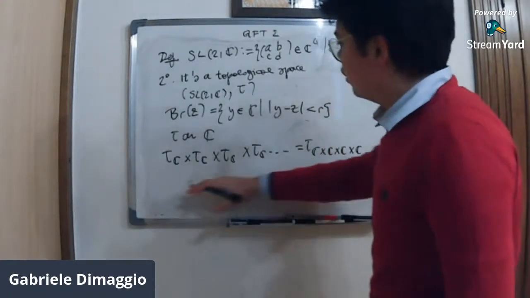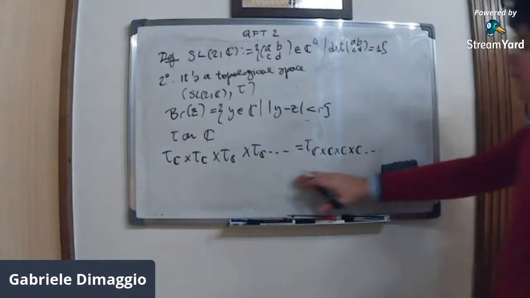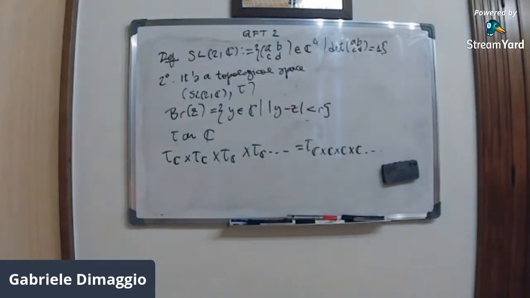So I can construct a topology of this kind by the multiplication between these elements.